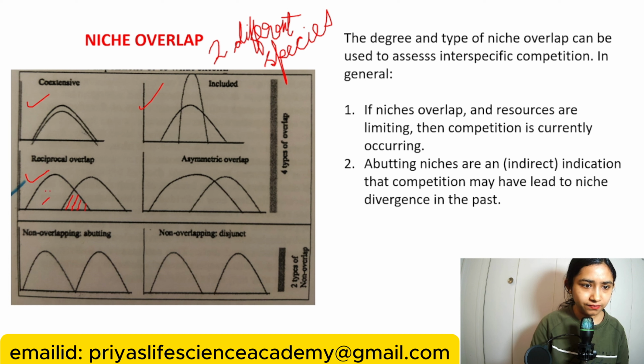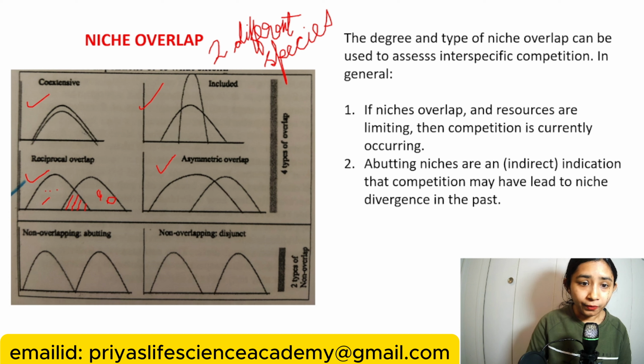This is exclusive for this species and this is exclusive for the second species. So reciprocal overlap is when 2 species have some overlap and some exclusive niche for both of them. Okay, now what is asymmetric overlap?